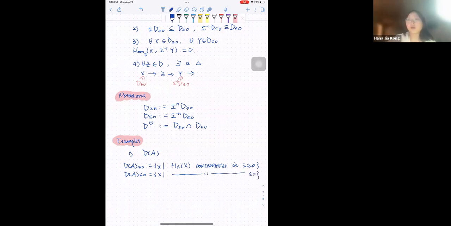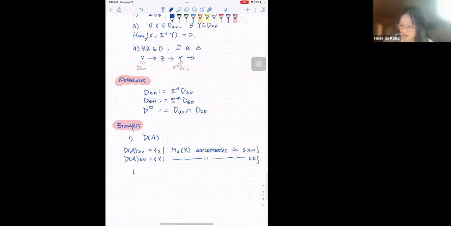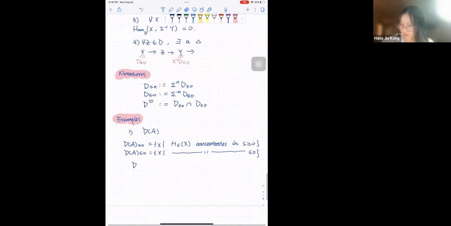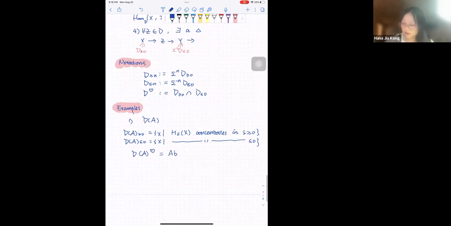And this defines a T structure, and it's not hard to see that the heart of this T structure is the category of abelian groups.